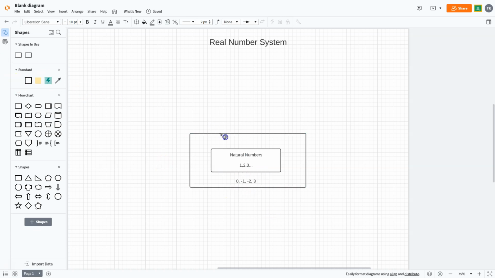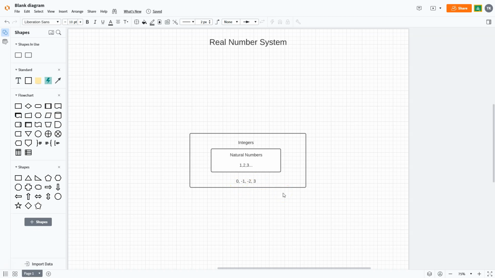So the integers consist of all of the natural numbers 1, 2, 3, 4, on and up forever, and 0, and the negatives of each of these natural numbers.